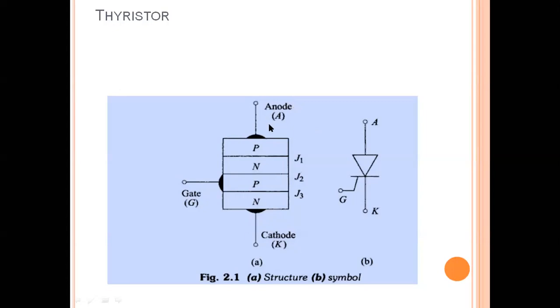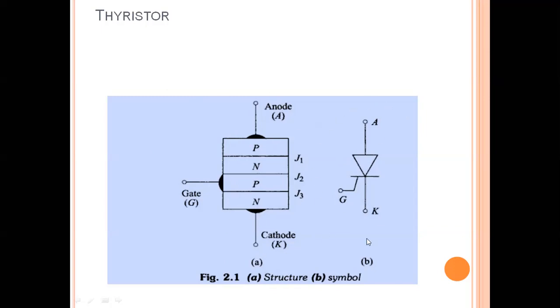The anode terminal is always connected to the end P layer, the cathode terminal is always connected to the end N layer, and the gate terminal is connected to the P layer nearer to the cathode. This is the SCR, with 3 terminals and 4 layers.